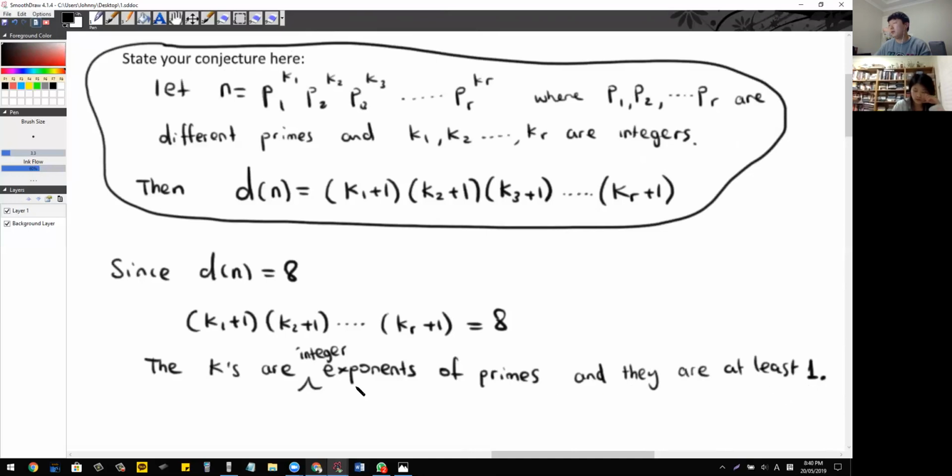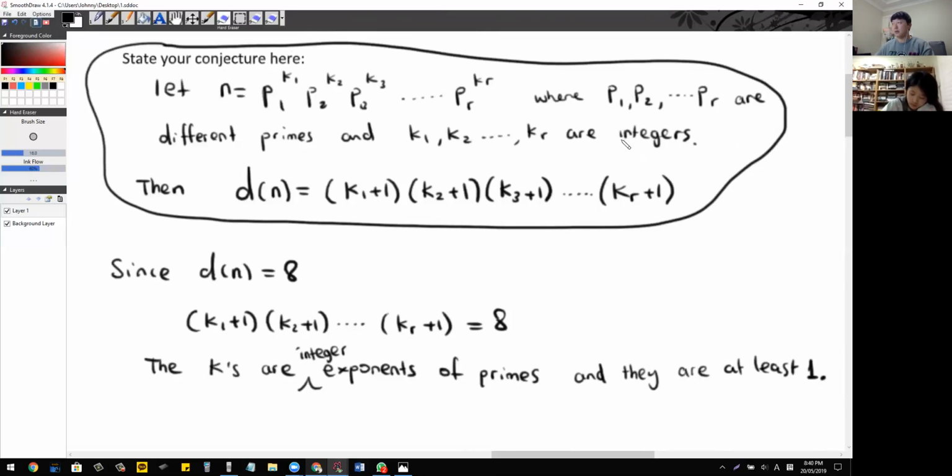So, rigorously speaking, k's are at least 1 for the primes that factorize the n, and the k's are 0 for primes that don't factorize the n. Okay.